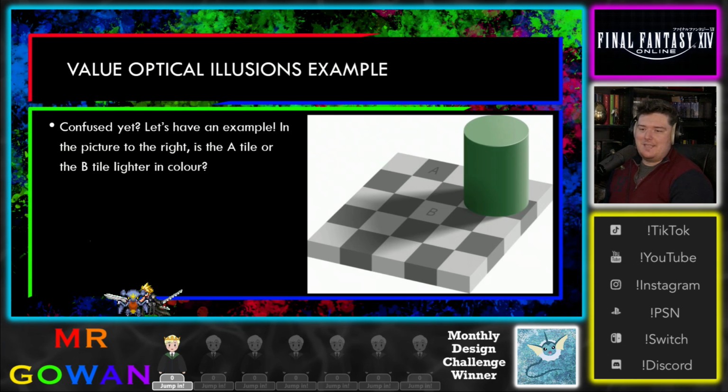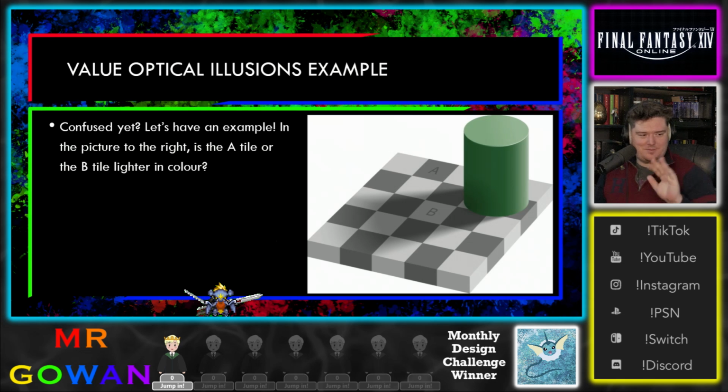So as an example, in the picture to the right, which one is the lighter color? I should have picked darker, but which one has the higher value? Is it A or is it B? I'll give you a second just to think about it.